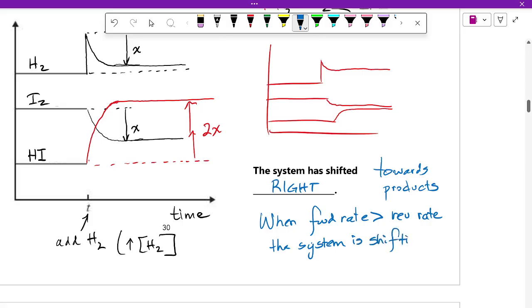Question number 3, you said it's like the forward reaction is favored. Yes. And obviously then the reverse would also be true. When the forward rate is less than the reverse rate, the system would be shifting left.